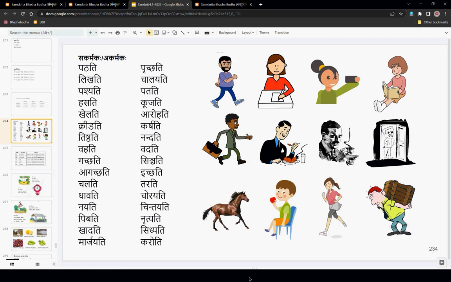Any question before? I think you also said that there are a few exceptions, right? Gachati and agachati, which in English, I think we shouldn't connect to English. I think we should just learn it as it is because you said that it takes a direct object, no? In English it doesn't.